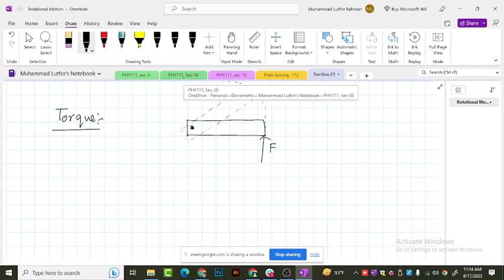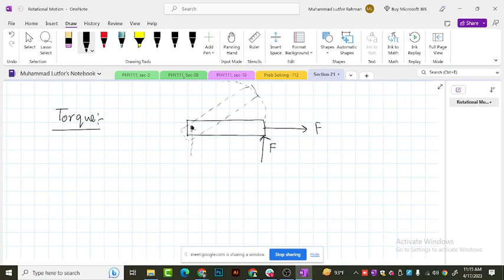Fine, but if you apply a force over here, will it rotate? Probably not. Or if you apply the force at the rotational point, the system is also not going to rotate. So depending on the point where you are applying the force, the system will try to rotate.